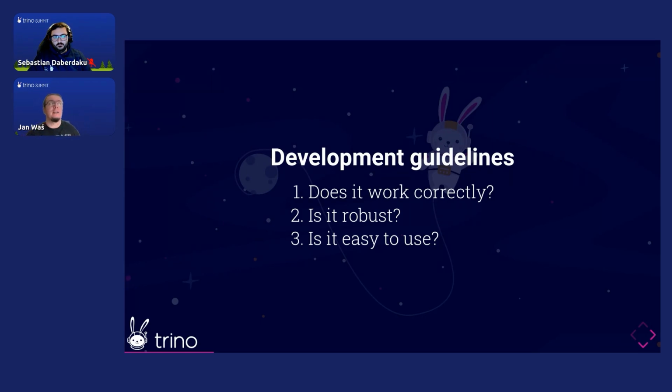This means that we have to cover all edge cases, like thinking about in what ways users can use a feature in the chart, and making sure that we cover the needs of different users. The last thing is that we need to make it easy to use.